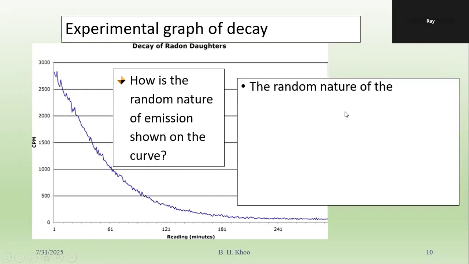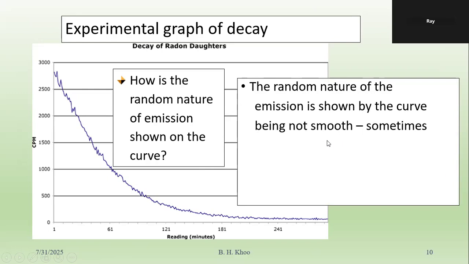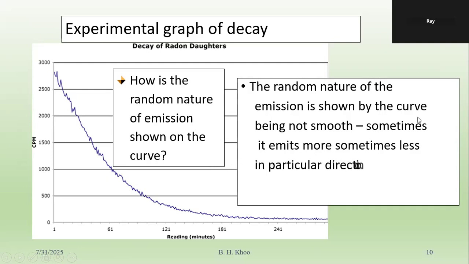Yeah, it's not smooth. Random nature of the emission is shown by the curve being not smooth. Sometimes it emits more, sometimes it emits less in a particular direction. So it emits in all directions.